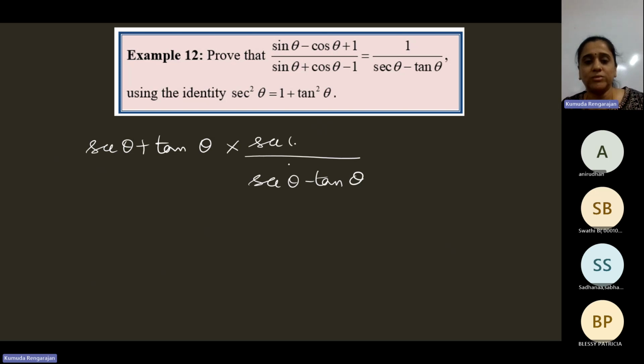And write the same thing in the numerator, because as I told you in the last class, it's like multiplying by 1. We are multiplying by secant theta minus tan theta by secant theta minus tan theta. But then why are we doing this? Because in the RHS, in the denominator, we have secant theta minus tan theta. We want that. So just take it, that's all.